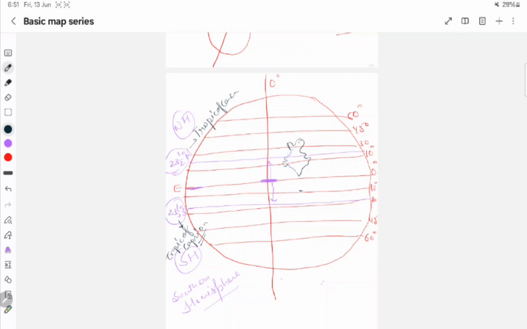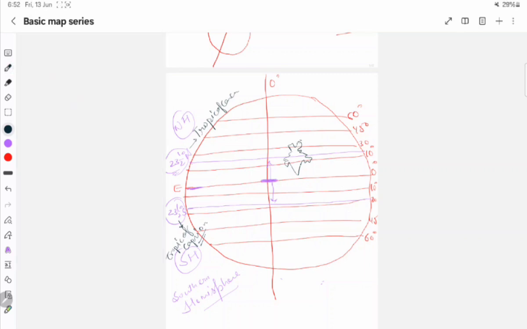I know this doesn't look like India. Let me redraw it. Hope it's visible now.